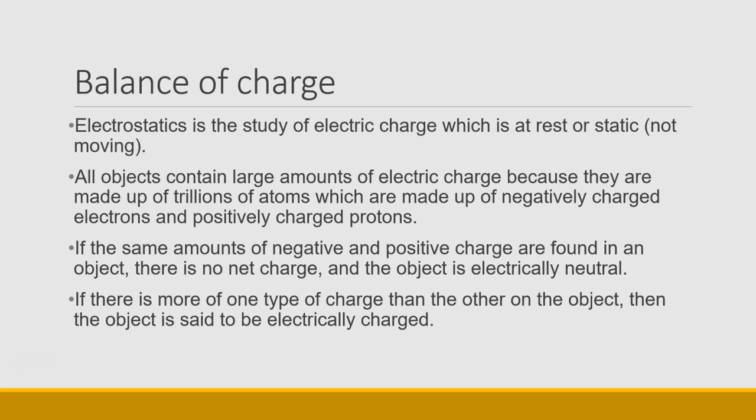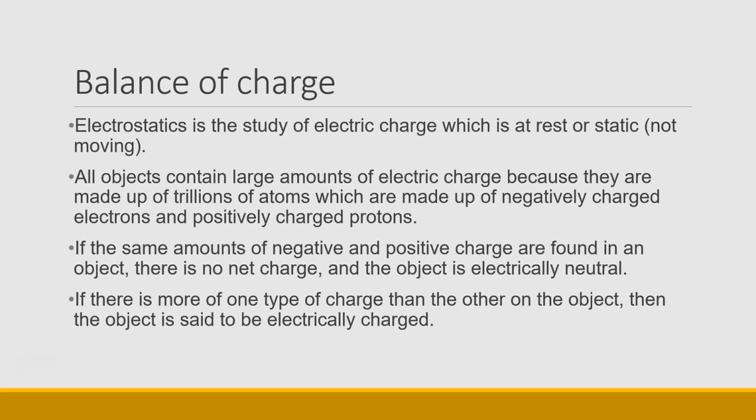And it becomes negatively electrically charged because we have added a negative charge in the form of electrons to your body. We can therefore calculate the total charge on you based on the extra electrons that are on your body.